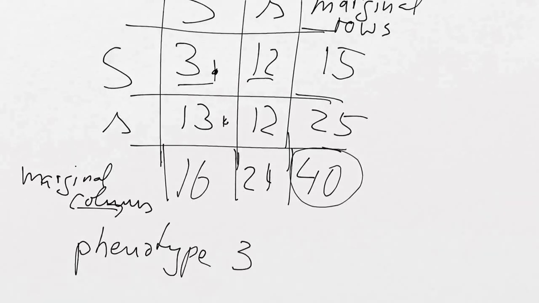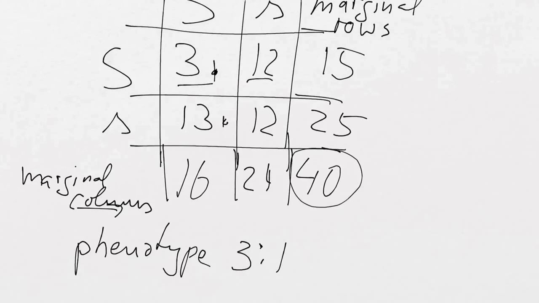It would be 3:1, wouldn't it? For a normal monohybrid, it would be 3:1. Okay. So, does our Punnett square confirm our phenotype?